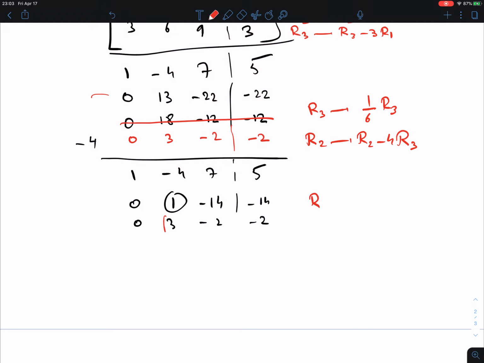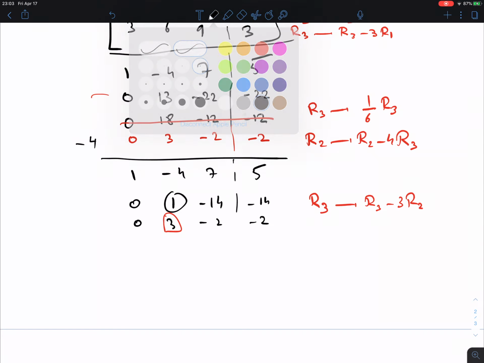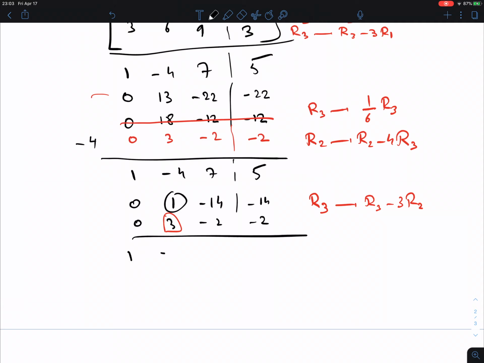So, making this one 0, that is row 3 minus 3 times row 2. 1, -4, 7, 5, 0, 1, -14, -14, 0, 0, so I'm multiplying this with -3. That's plus 42 minus 2, that's 40 and 40.